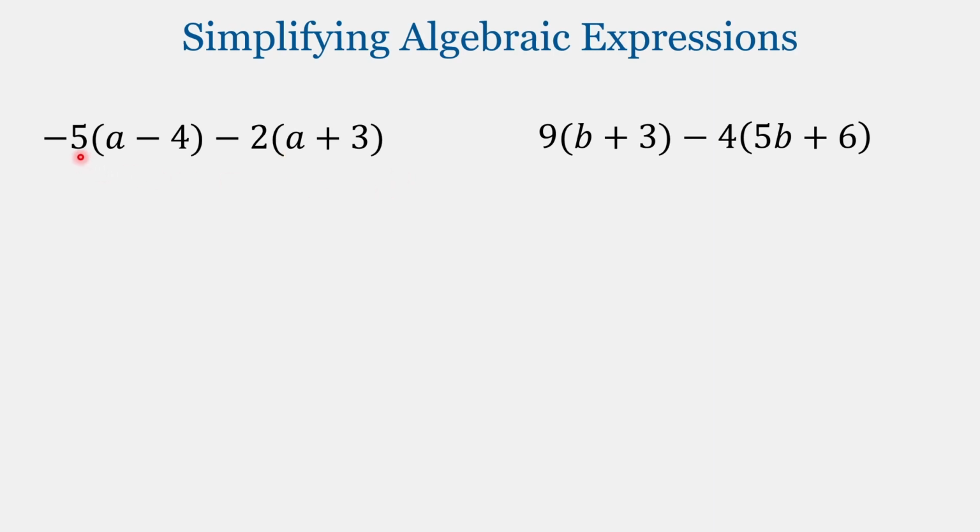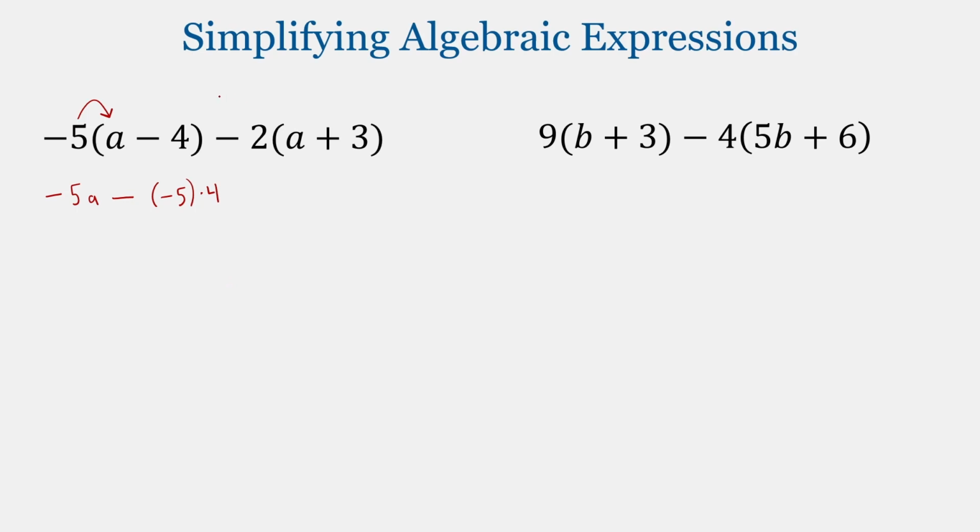So first we will multiply negative 5 times the quantity a minus 4. And then we'll multiply negative 2 times the quantity a plus 3. So the first step is we're going to multiply by negative 5. So that's negative 5a. I'm going to bring down the subtraction sign. And then we have negative 5 times 4.